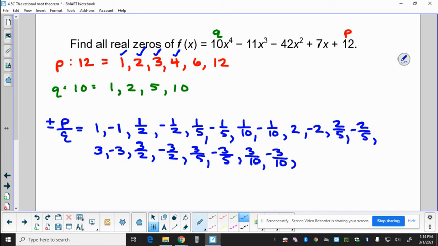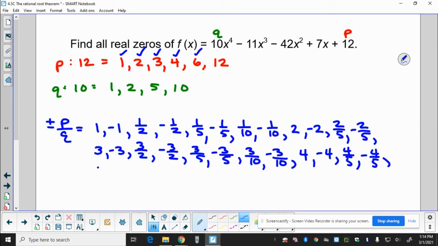Now let's go to 4s. 4 over 1. You get the idea, right? 4 over 2 is 2. We've already listed that. 4/5. I don't see that. And 4/10. If you reduce 4/10, it's 2/5. That's on the list.